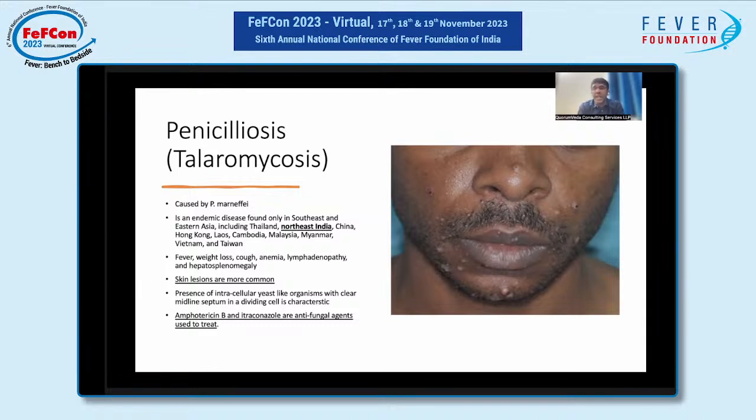Typical skin lesions look like molluscum contagiosum lesions. If you have an immunocompromised patient, especially an HIV patient with generalized molluscum contagiosum lesions, it could be molluscum contagiosum, but friends, it could be penicilliosis, otherwise called talaromycosis. The treatment is amphotericin B and itraconazole. Very important. We have seen plenty of cases of penicilliosis.